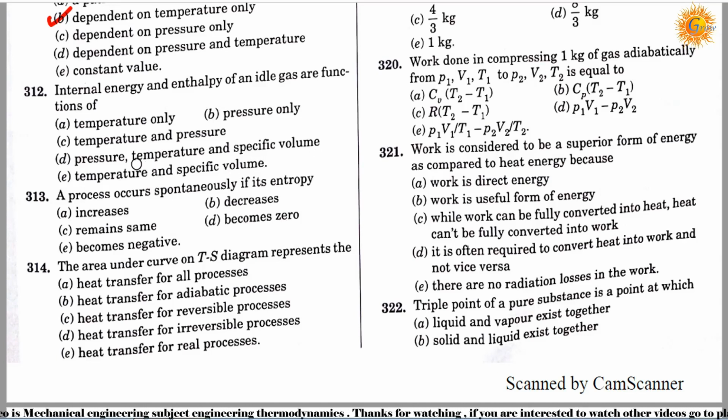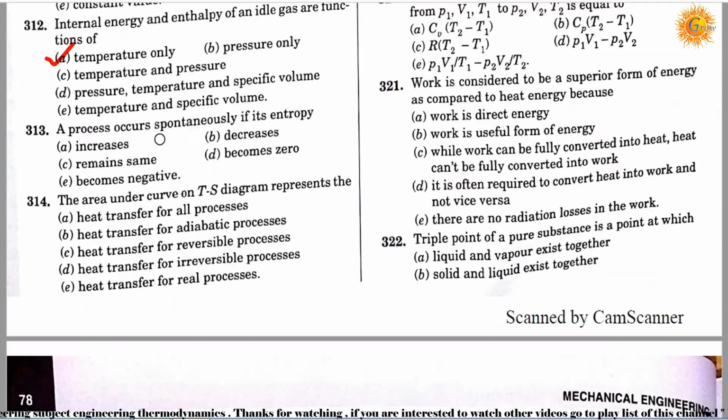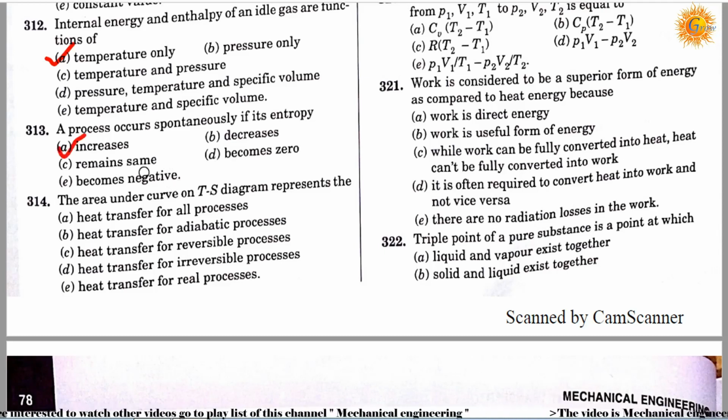So the correct answer is A, temperature only. Question number 313. A process occurs spontaneously if its entropy, option A, increases, option B, decreases, option C, remains same, option D, becomes 0, option E, becomes negative. So the correct answer is A, it increases.